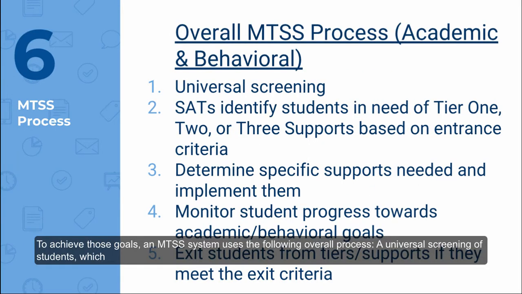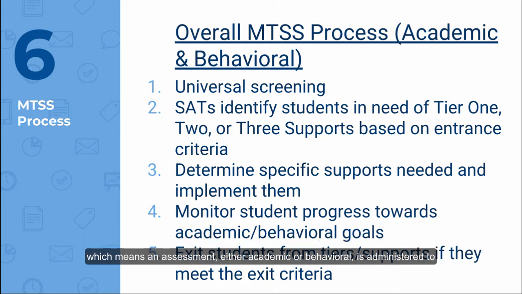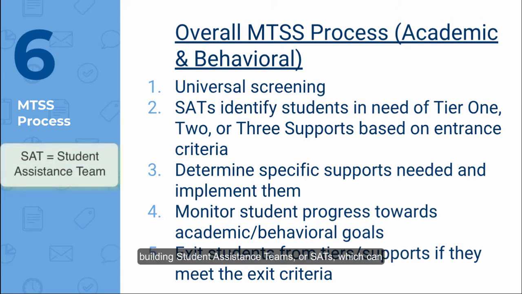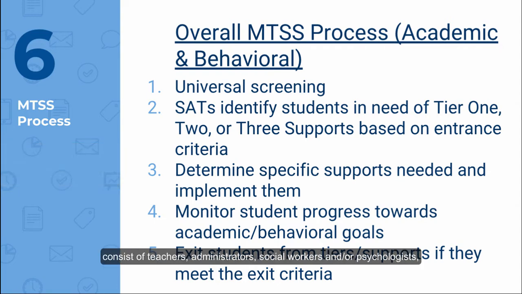To achieve those goals, an MTSS system uses the following overall process: a universal screening of students, which means an assessment, either academic or behavioral, is administered to all students for whom the assessment is considered appropriate. Then, building student assistance teams, or SATs, which can consist of teachers, administrators, social workers, and/or psychologists, analyze the data and determine which students are in need of Tier 1, 2, or 3 supports based on the entrance criteria located in the MTSS handbook.